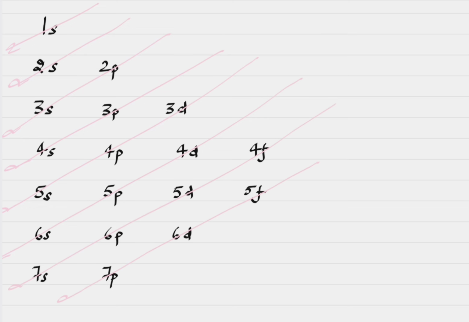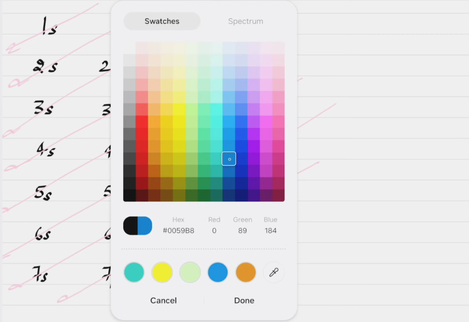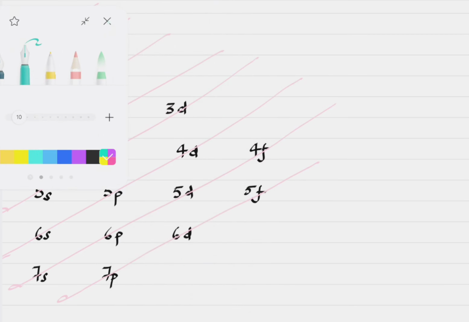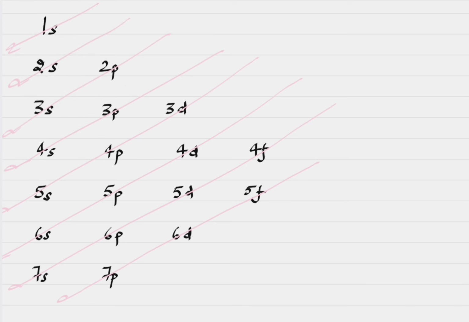After that, we will write some numbers right next to them, and those numbers would be the atomic numbers by which that particular orbital is filled. For example, by atomic number 2, 1s is filled. By atomic number 4, 2s is completely filled.